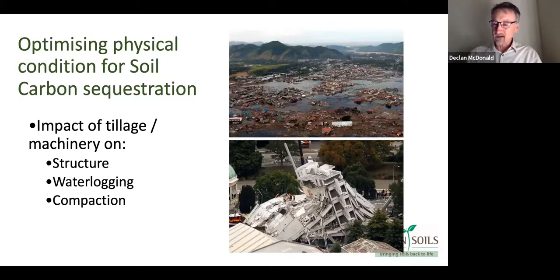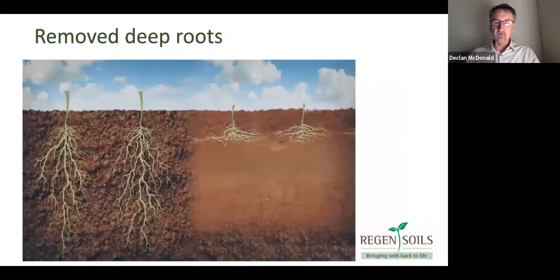All that delicate network is destroyed, and the microorganisms and the plants suddenly have to start work to rebuild that. Now, we build that to an extent in the topsoil, where we've got nice friable soil to sow our crops in. But as we go deeper into the soil, we're relying really on plant roots and organisms to do that rebuilding for us.